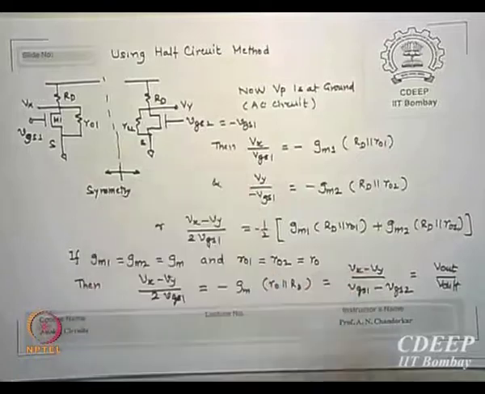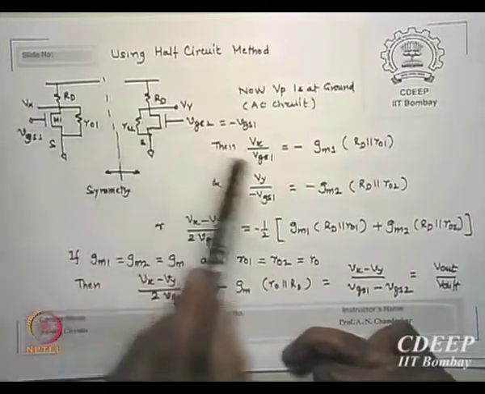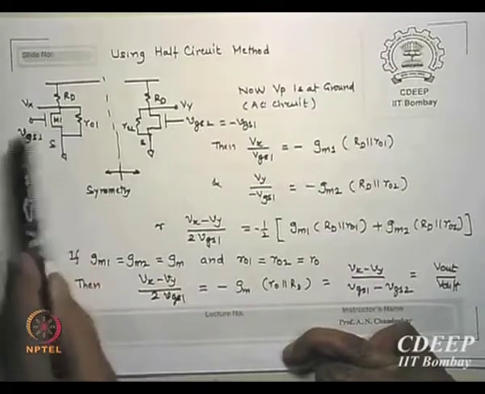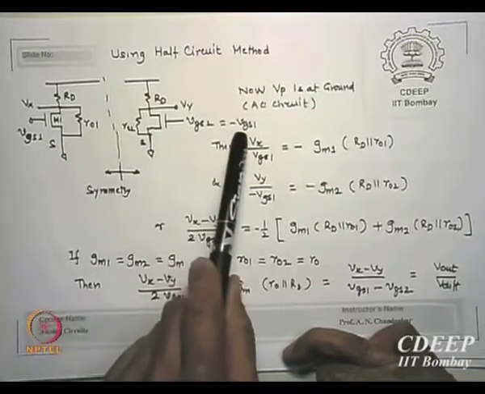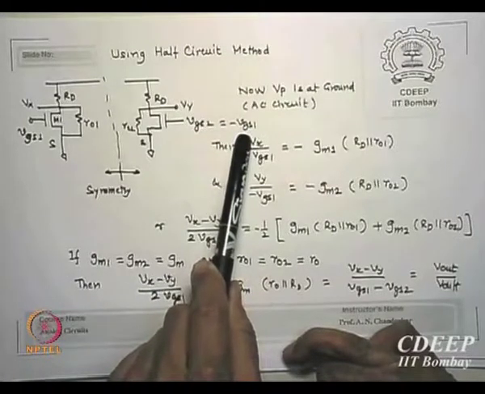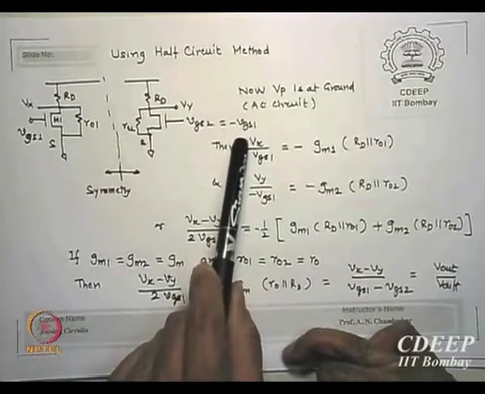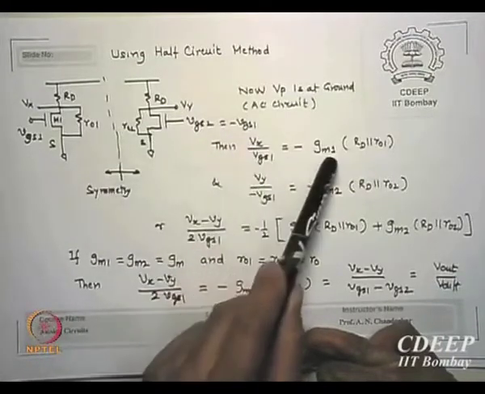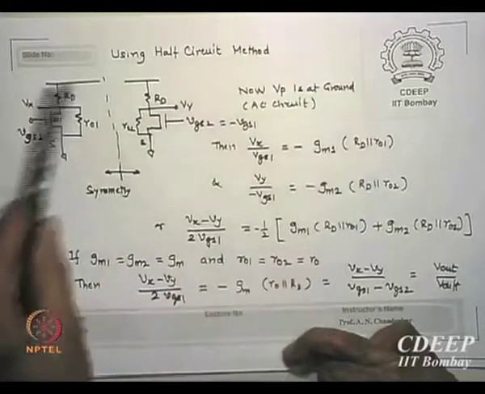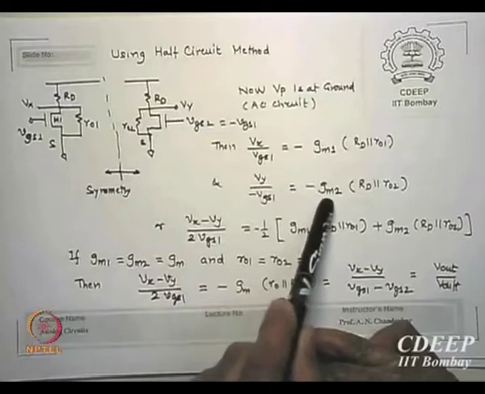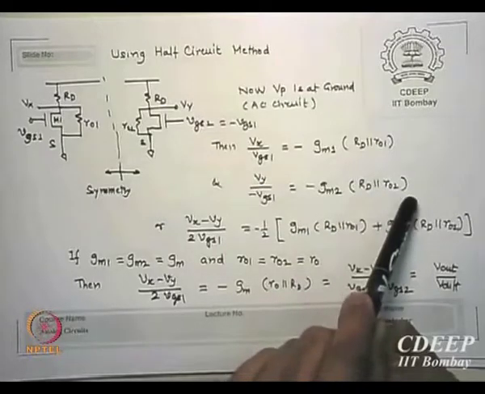If that is so, for this transistor, please remember this is VGS1. Now the condition is, please remember for the first case VGS1, what VGS2 will be, that is for symmetry, minus VGS1. That is a condition you must meet. If that is so, Vx by VGS1 is minus gm1 (RD parallel ro1), Vy by minus VGS1 is minus gm2 (RD parallel ro2).